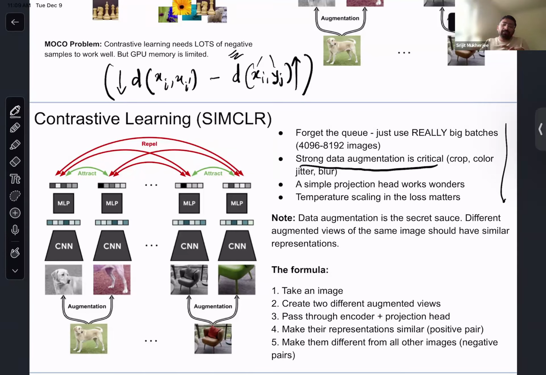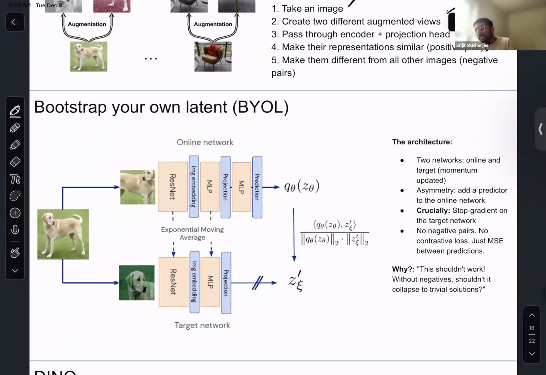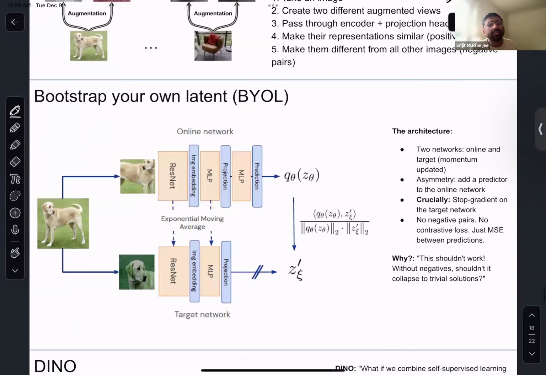And the basic formula is clear. Take an image, take two different augmentations, pass them through an encoder and projection head, get the representations, and then there is a positive pair and a negative pair. This was the basic structure. But the next question that came up is, do we actually need negatives and positives, because we need a lot of negatives?